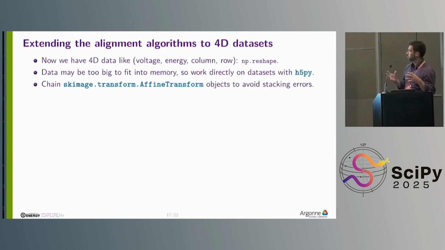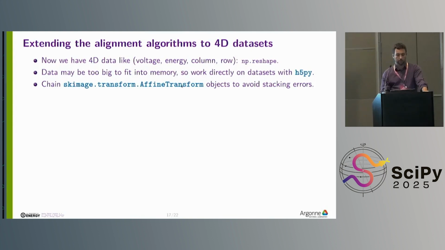Doing those analysis steps again, we now have a 4-dimensional data set, so it's considerably bigger. The first step is to reshape this so that it's really 3 dimensions, and you just stack voltage and energy next to each other. But this data set didn't fit into memory, so we relied on SciPy.